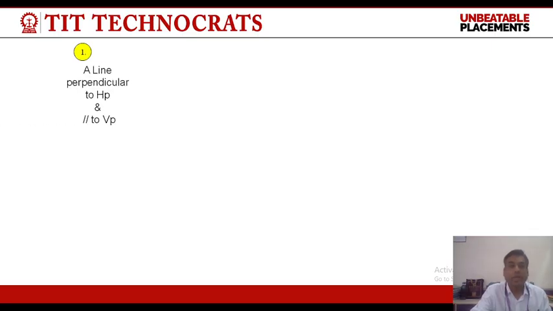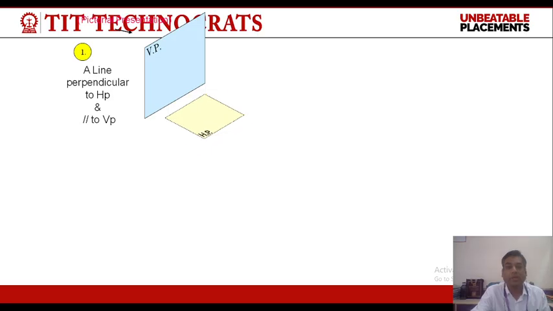So, a line perpendicular to HP and parallel to VP. Say this is the vertical plane, this is the horizontal plane, and a line is given which is perpendicular to HP, as HP and VP are perpendicular to each other.